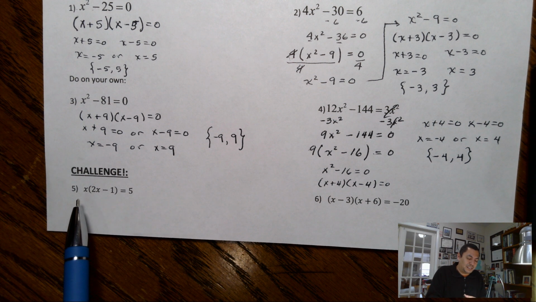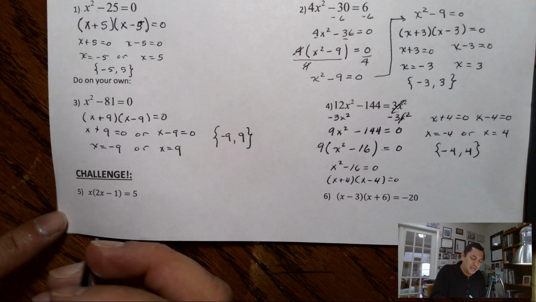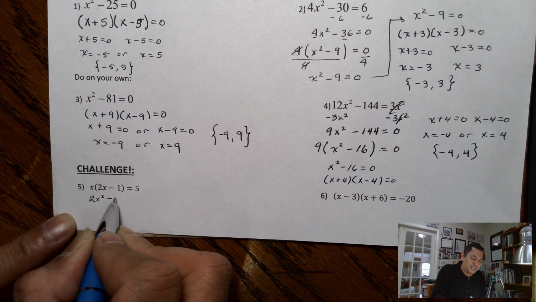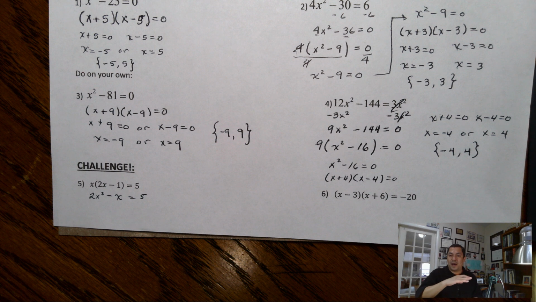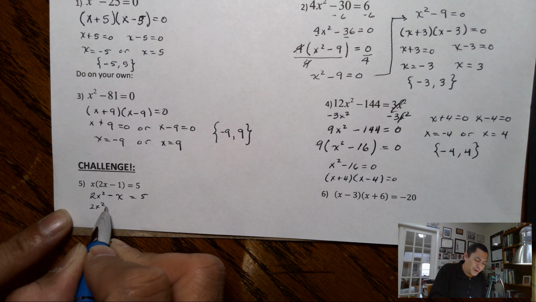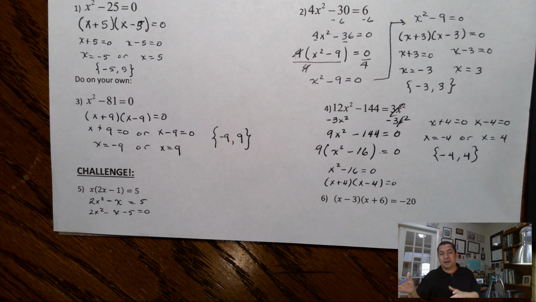The first step is to apply the distributive property. X times 2x is 2x squared. X times negative 1 is negative x, equals 5. So now we can move 5 to the left side, so I have 2x squared minus x minus 5 equals 0. And now you can factorize and find the zeros.